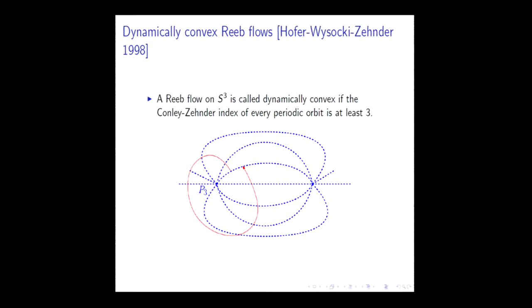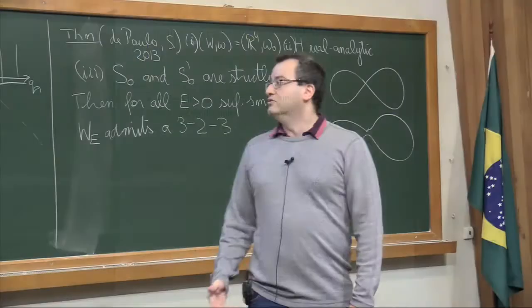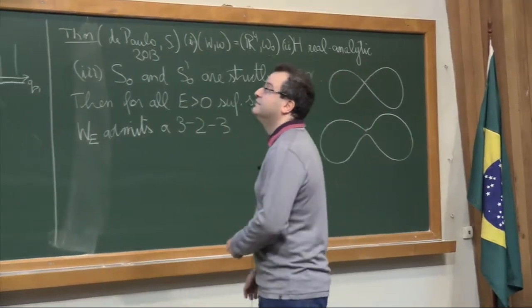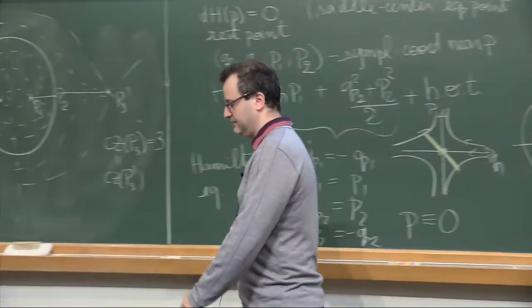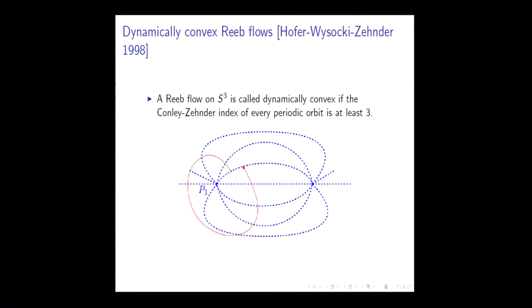So I would like to recall two theorems that will be useful for us in Reeb dynamics. This very important theorem by Hofer, Wysocki, and Zehnder in 1998 says the following. For Reeb flows, we may define the Conley-Zehnder index, and we can extend the Conley-Zehnder index to degenerate paths. That's the Conley-Zehnder index that I am using here, the one defined by Hofer, Wysocki, and Zehnder.